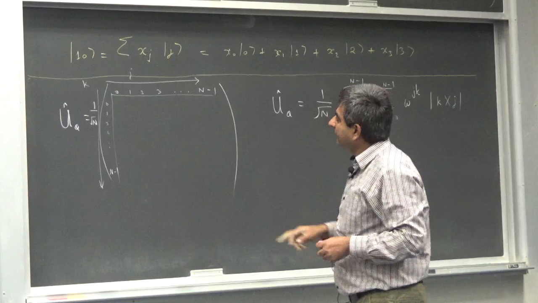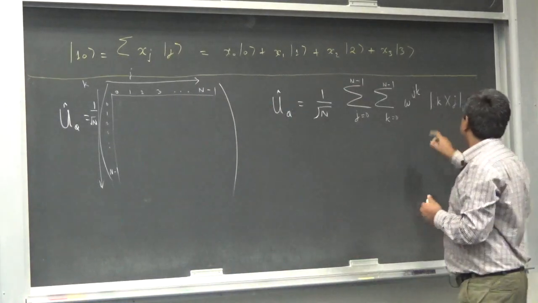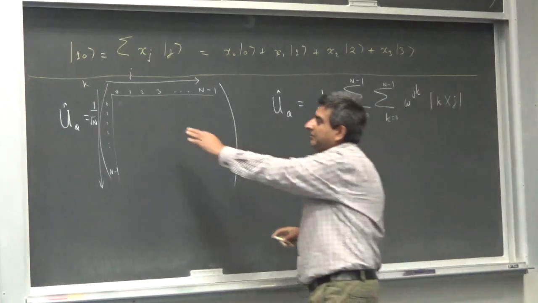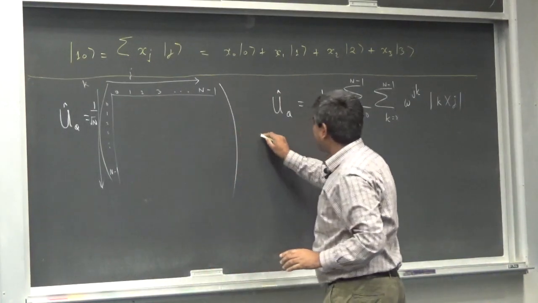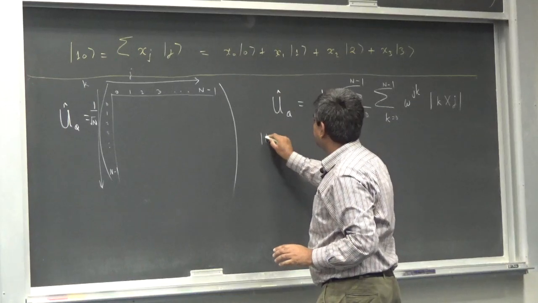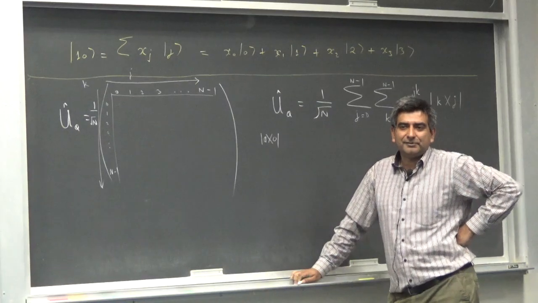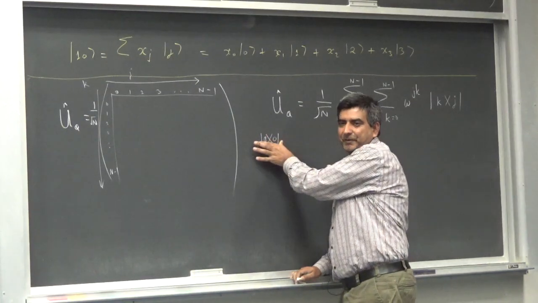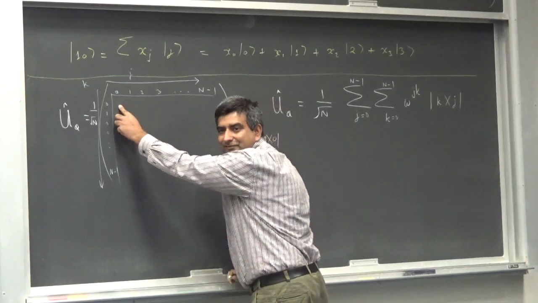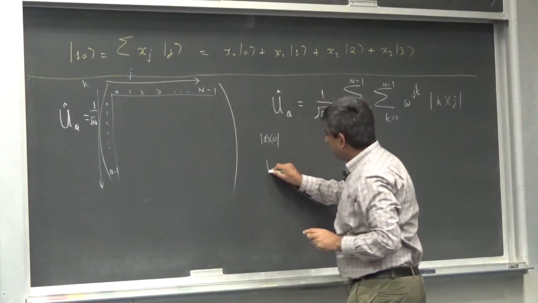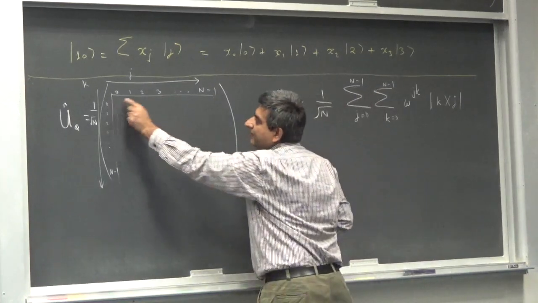So what is the entry here? This is the entry here. If I just have one here and everything else is 0, that would correspond to this outer product. If I want to write this outer product in matrix form, it will have a 1 here and 0 elsewhere. This will be the 0th row, first column.